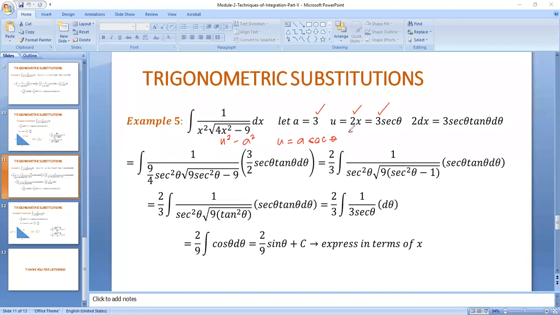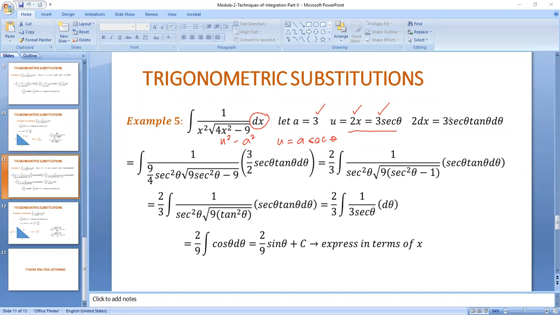This substitution equation, just like our first two examples, should be differentiated. That way, the dx here can be replaced by its equivalent in d theta. So differentiating the left side, you have 2 dx.